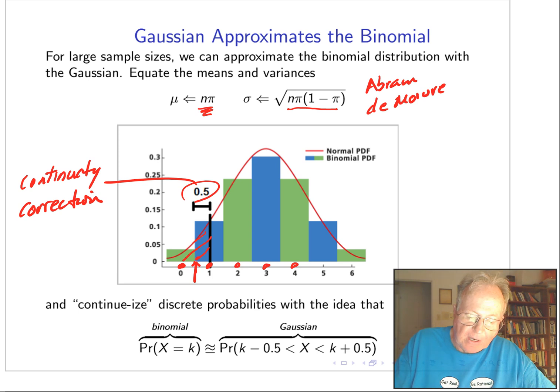Okay. The basic idea here is that we can approximate the binomial probability for a given integer, x equals k, using the Gaussian by saying, well, the Gaussian probability is not just the probability of a point, but the probability within this entire bar.